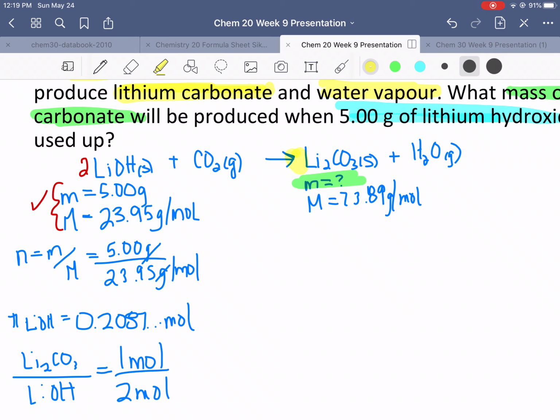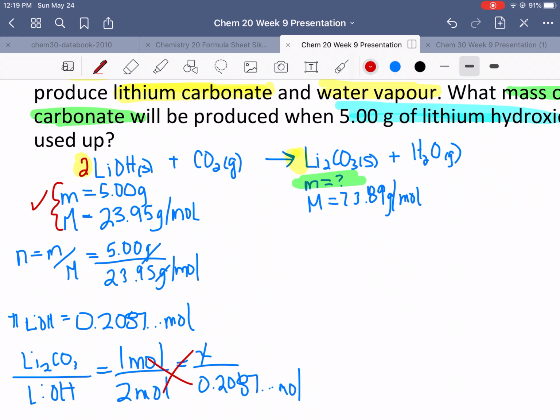We're lazy. We leave off the ones. This is a 2. That's where I got that 1 to 2. Equals, and I don't know how many moles of lithium carbonate I have. That's my whole point of my question. But I do have a value we can plug in for the lithium hydroxide. It's the one we just figured out, 0.2087 moles. There it is.